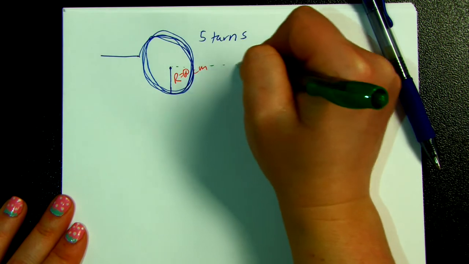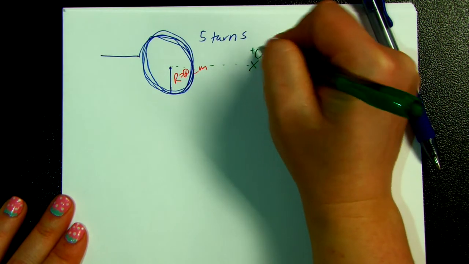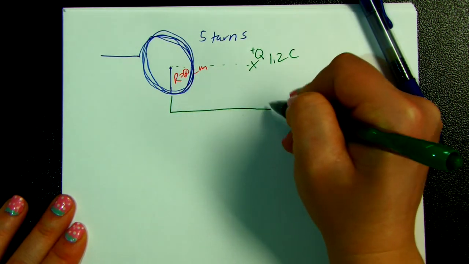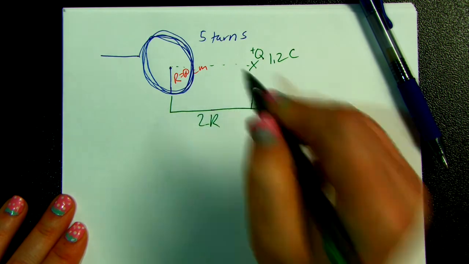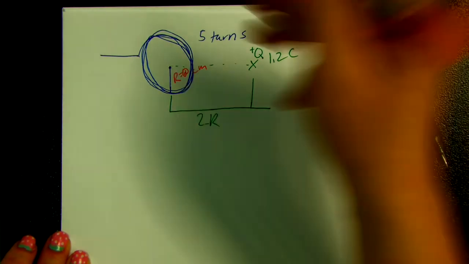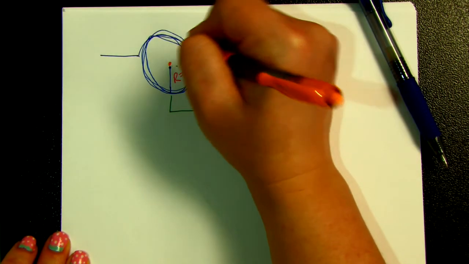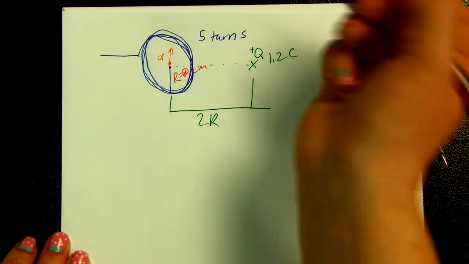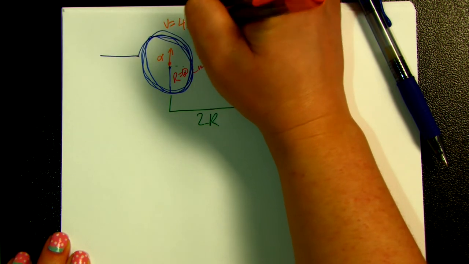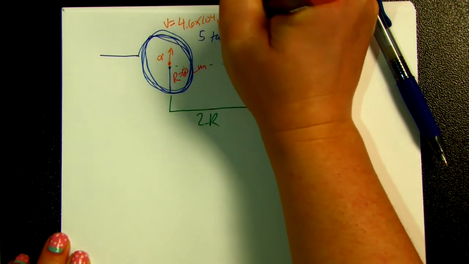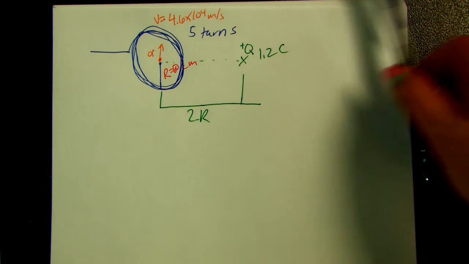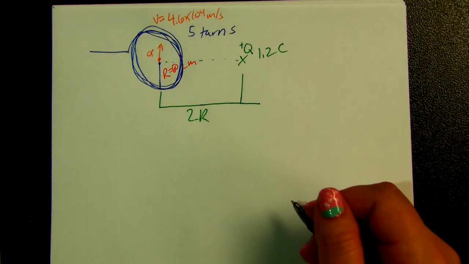And we have our plus Q over here of 1.2 coulombs. And this is located 2R from the center of the circle. And we have our alpha particle going up, and it has velocity in the moment of interest of 4.6 times 10 to the 4 meters per second. So those of you that are better artists, by all means, feel free to improve upon this drawing.